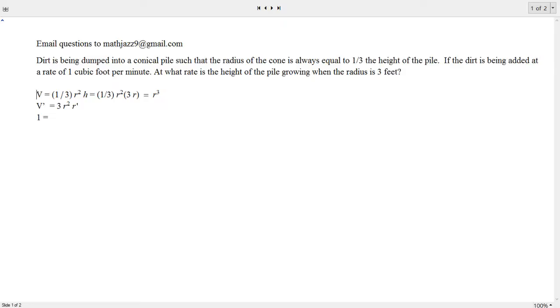So we get 3 times 3 squared times r prime. So that means that r prime is equal to 1 over 27.